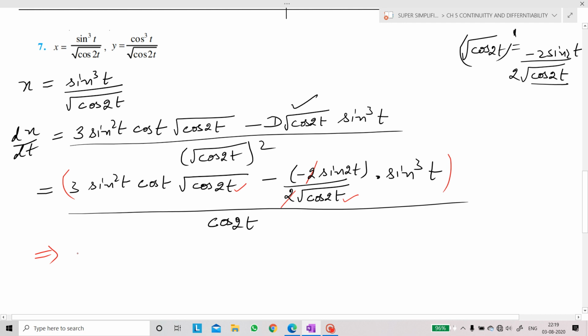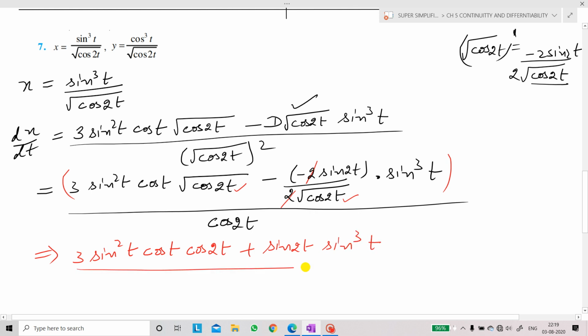So we have 3 sin square t cos t, root cos 2t into root cos 2t, it becomes cos 2t, minus minus becomes plus sin 2t into sin cube t, and whole divided by cos 2t.